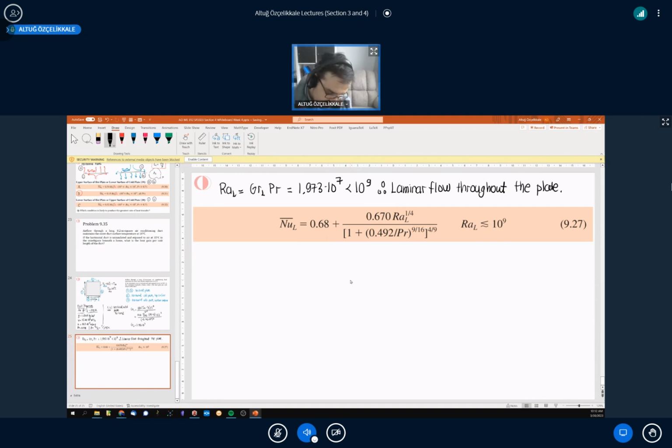So it is more accurate than the similarity solution. And it's also giving us the average Nusselt number. Maybe I forgot to mention that you probably have noticed in the correlations, these are average Nusselt numbers across the plate. So they are saving us the trouble of converting the local Nusselt number and integrating it over the surface, right? So you don't need to do that. This is the average Nusselt number.